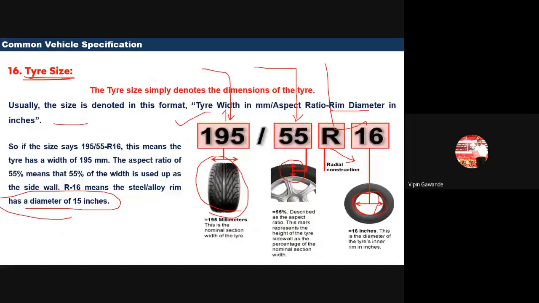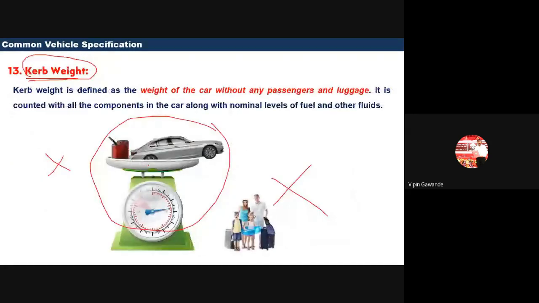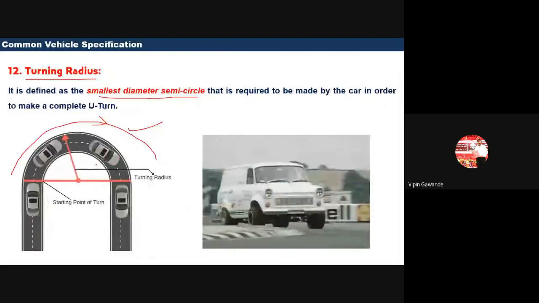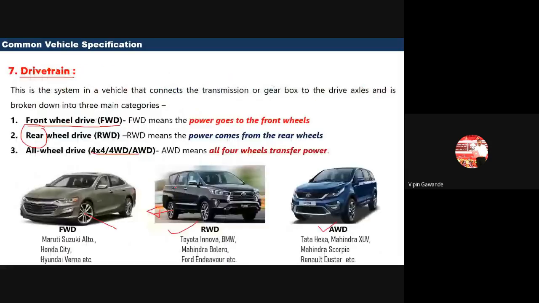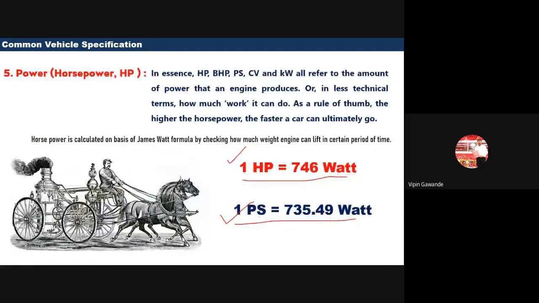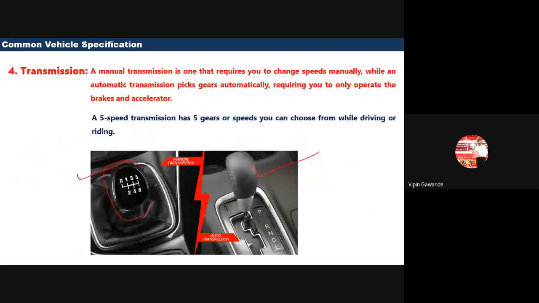But you should remember the diagrams, because in the examination they will show you the diagram. They will show you a car and ask what this distance means. Then they will show you a transmission and ask which type of transmission this is, figure 1, figure 2.